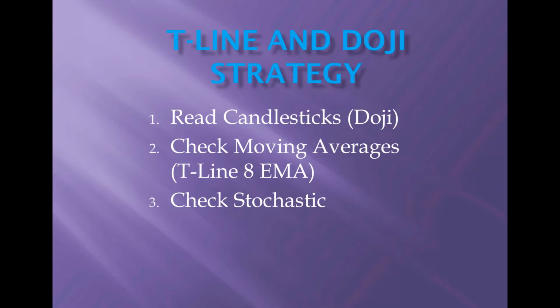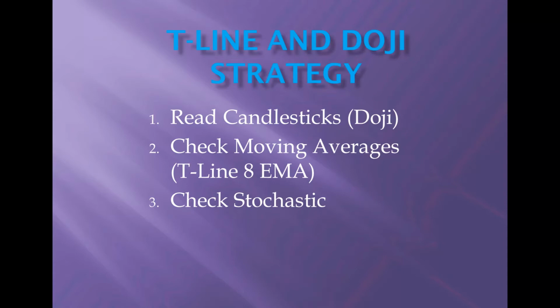So in this T-line and Doji strategy, there are 3 simple things we're looking for. First of all, we're looking for the Doji. We look at our candlesticks, and we're looking for that Doji, one of the 4 Dojis that I just talked about. Second step that we do is we check our moving averages. The one moving average that we call the T-line is the 8 exponential moving average.